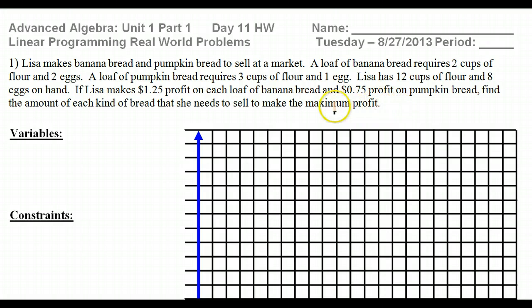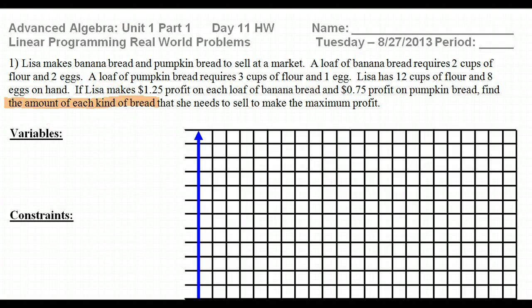Okay, so this is a problem about loaves of bread. And in terms of what the variables need to be, I'm looking at the end. It says find the amount of each kind of bread that she needs to make to maximize profit.